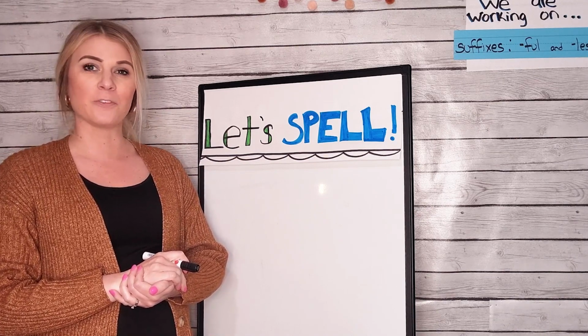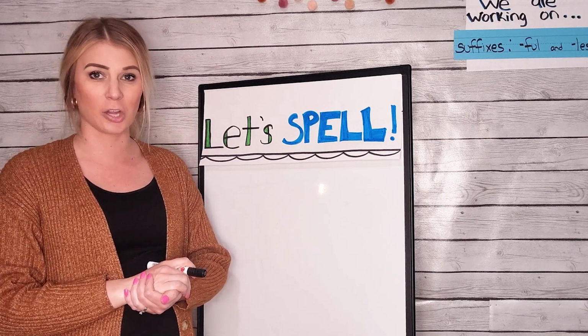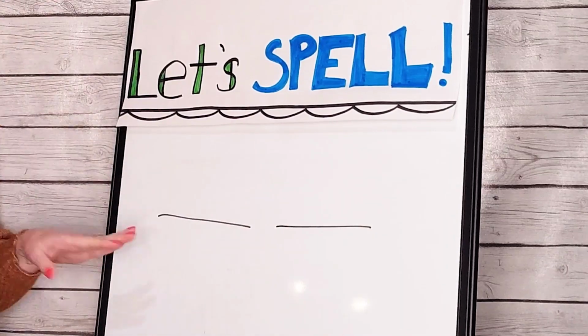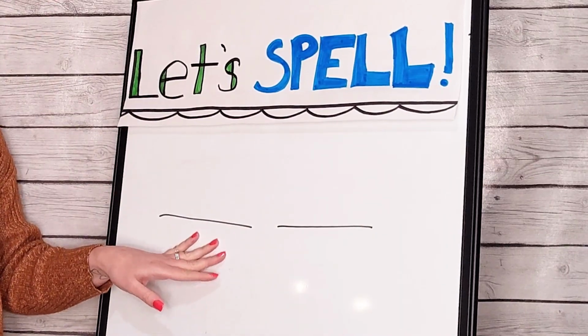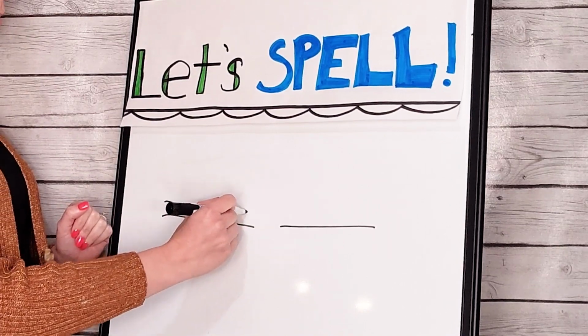All right. Our first word is colorful. Can you say that word with me? Colorful. When I say the word colorful, I hear two word parts. Color, full. And when I think about this first word part, color, I hear the sounds k, u.